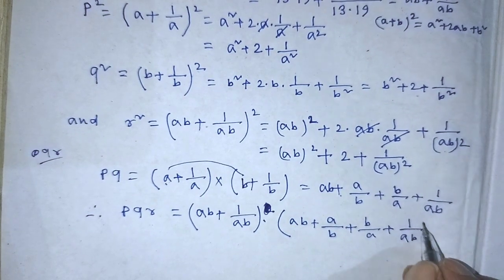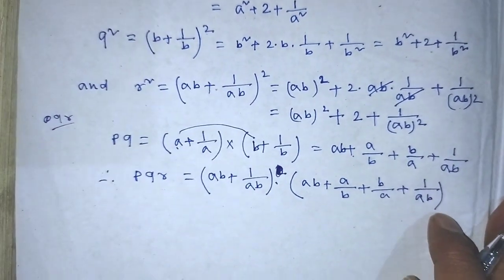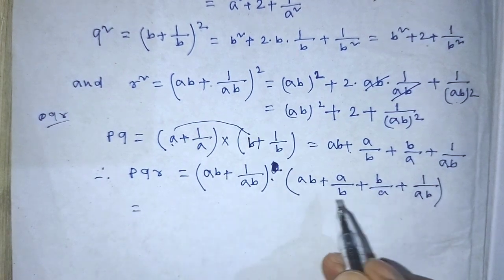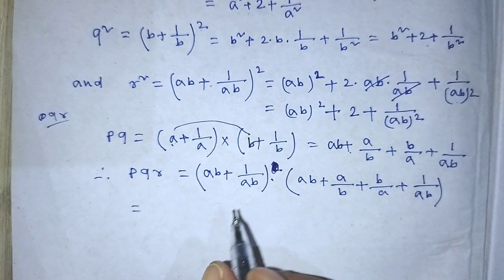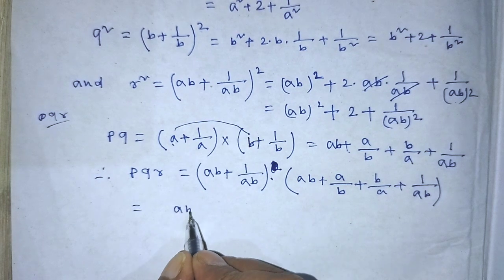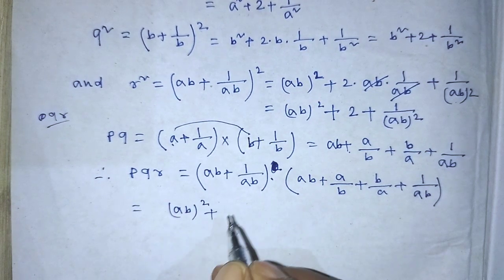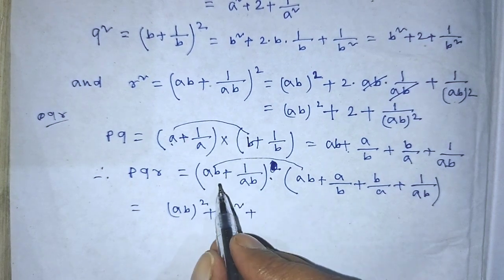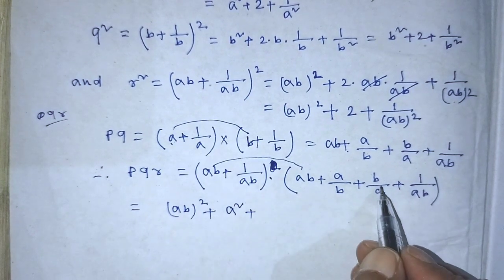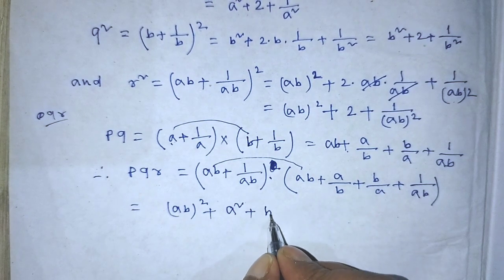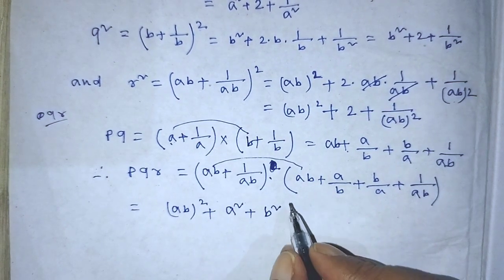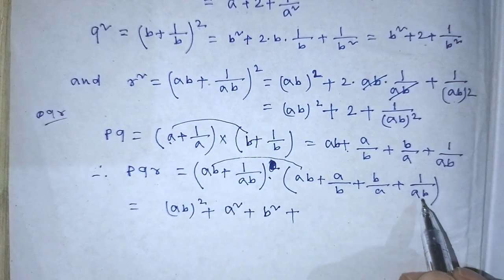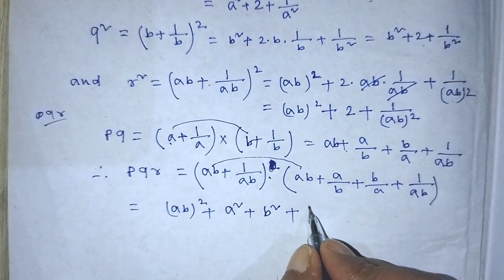Okay, so student, if you multiply both algebraic expressions, we can write in here (ab) whole to the power 2 plus a square, plus if you multiply ab with b over a, then you get b square, plus if you multiply ab with 1 over ab, then you get 1.